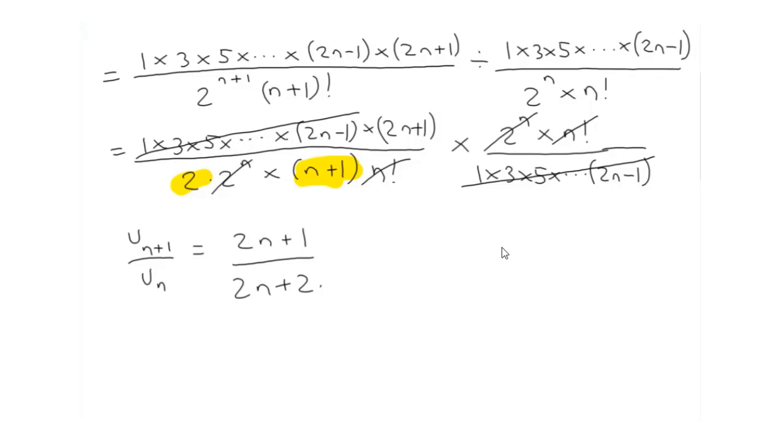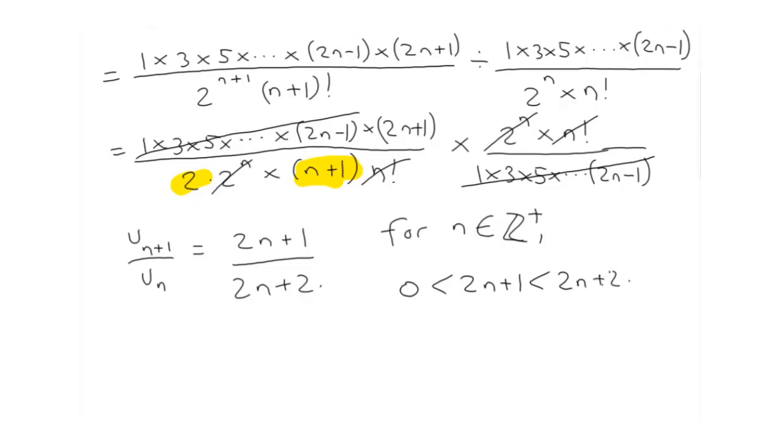Now, if we look at this, remember, we need to think about what type of number that is. For all positive integer n, which is what we're interested in, this is a sequence, that's the natural domain of a sequence. 2n plus 1 is definitely going to be positive, and it's also definitely going to be less than 2n plus 2.